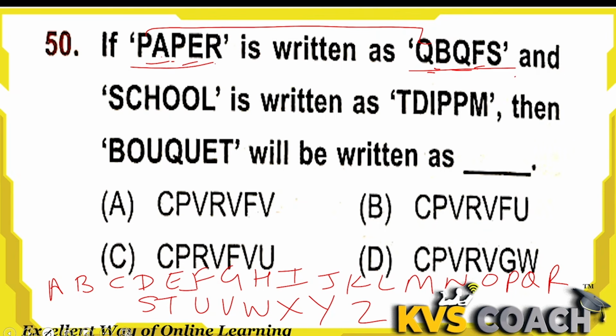R, S. In school, it is the same: S, T, the next letter. C, D: the next letter of C is D. H, the next letter is I. O, the next letter is P. O, the next letter is P again.